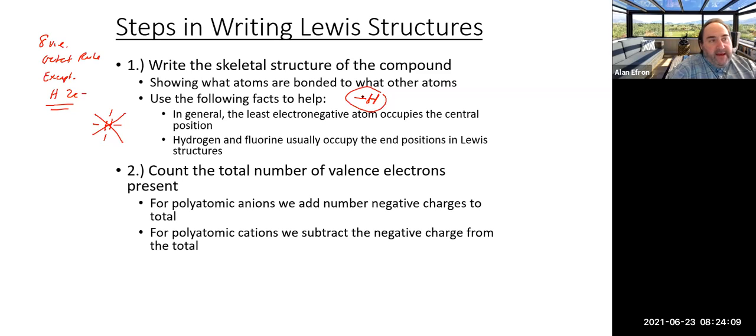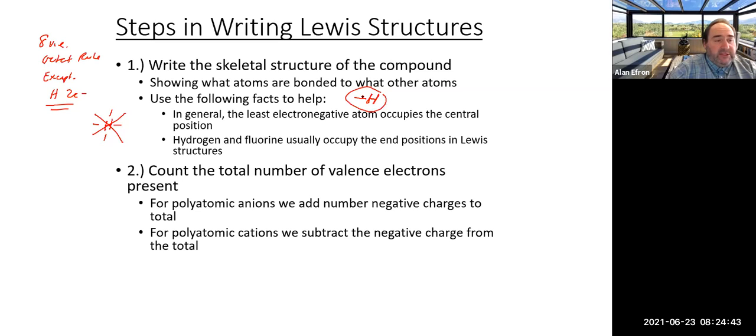Once you have in your head how the structure should be laid out, the next really important thing, probably the most important thing, is you want to count up the total number of valence electrons in that particular compound or ion, whatever it may be. Now, if we do have a polyatomic ion that has a charge, we have to adjust our electron count. So a reminder that if something has a positive charge, that means that it lost electrons.